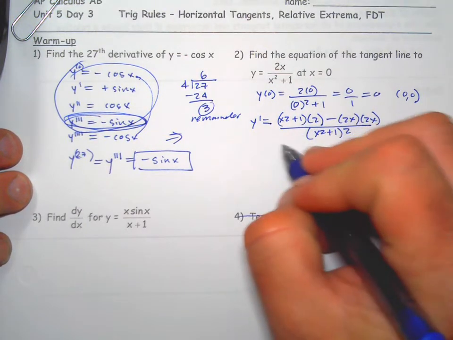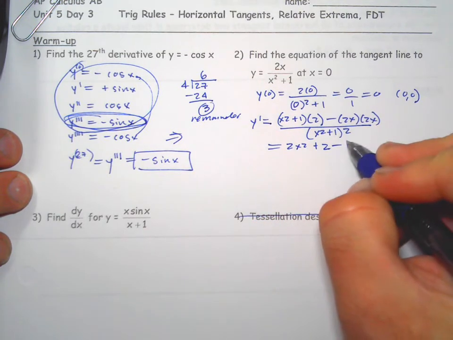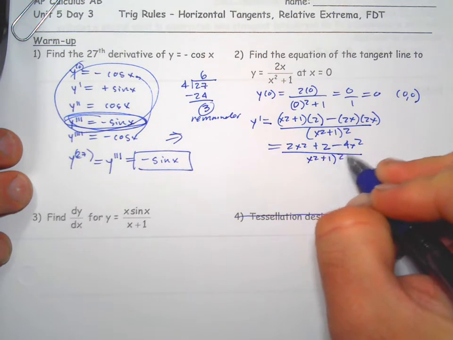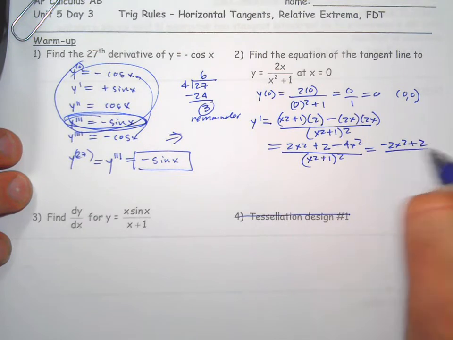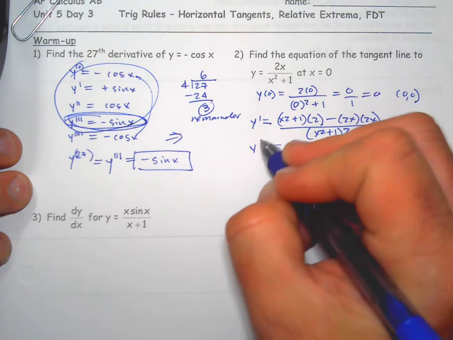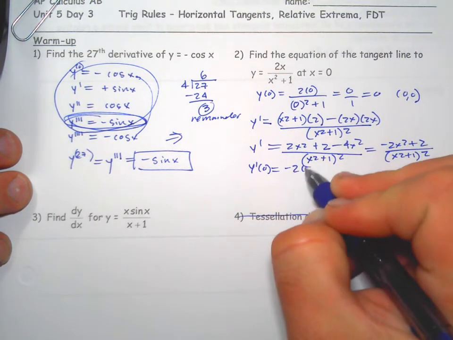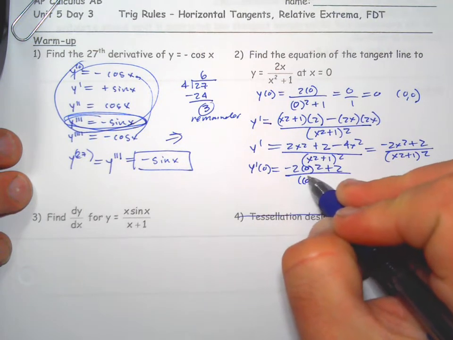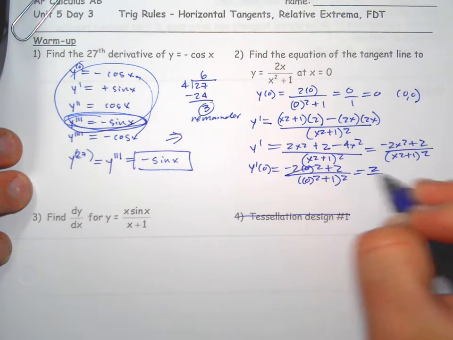Clean it up. 2x squared plus 2 minus 4x squared, negative 2x squared plus 2 over x squared plus 1 squared. So that's y prime. Then we want to plug 0 into that, and we get 2 over 1 is 2.